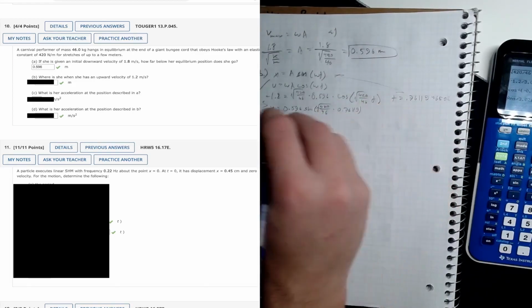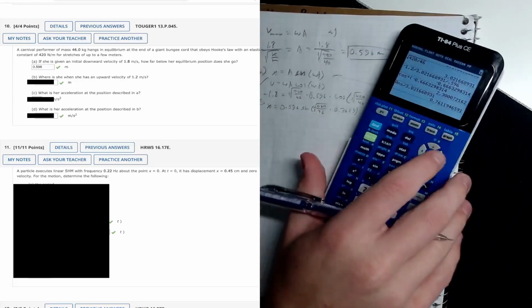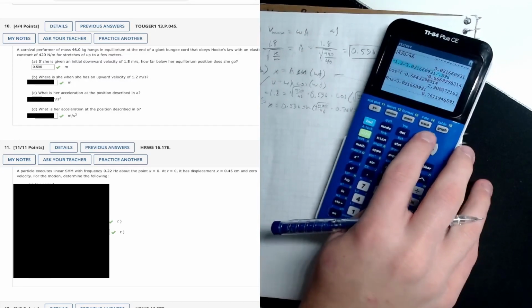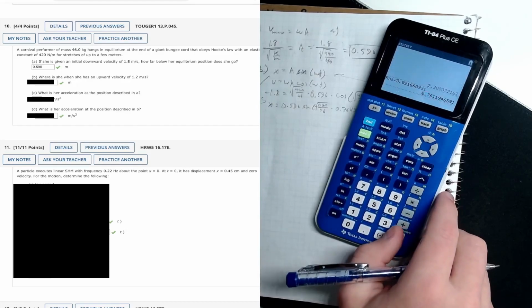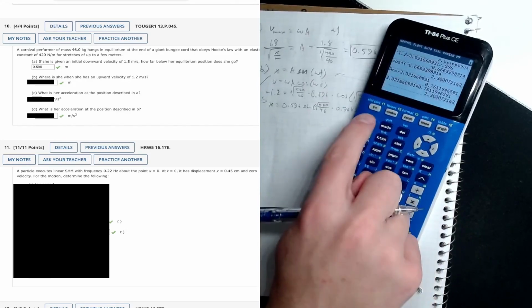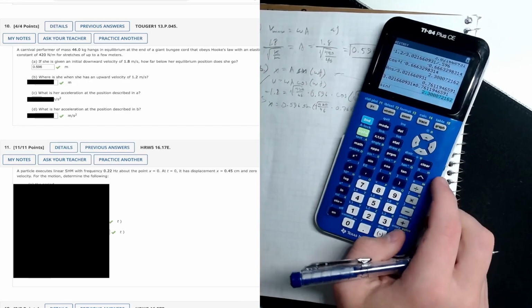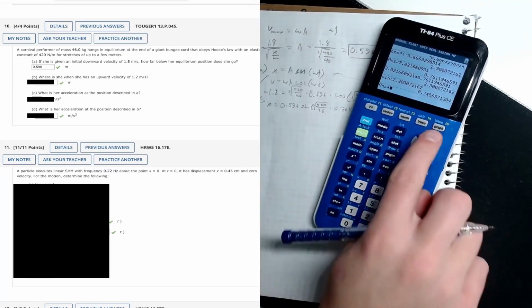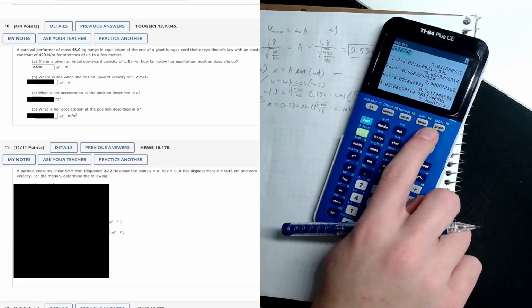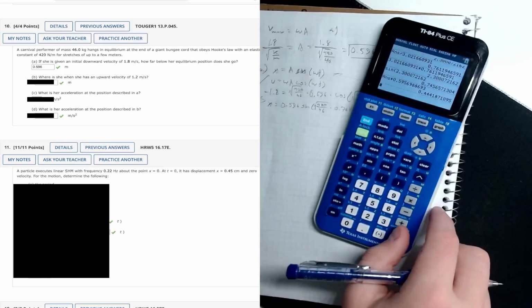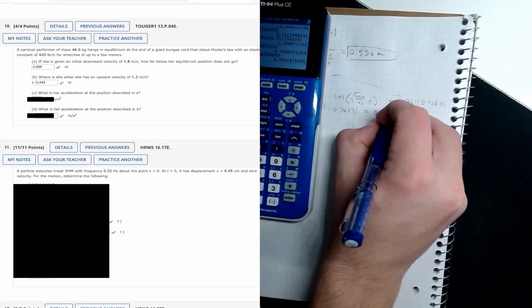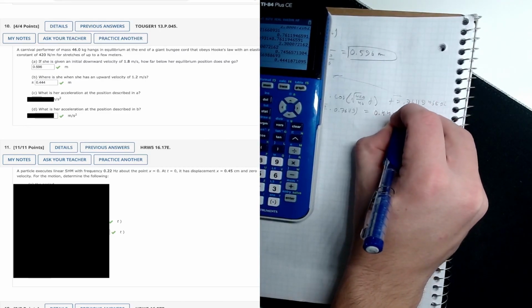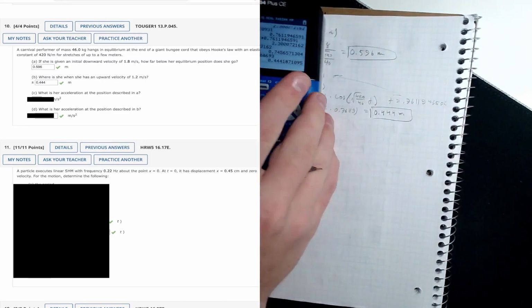In order to get that, our position is going to be this times this times sine of that times the value. It's going to be x equals 0.444 meters. And that is the answer to part B.